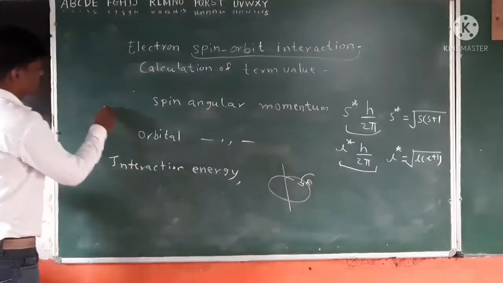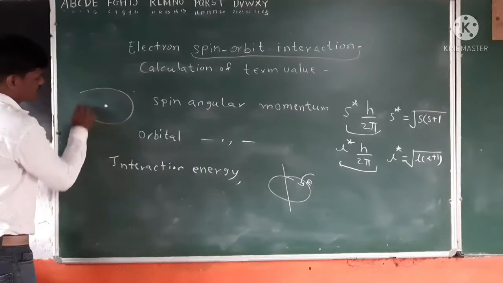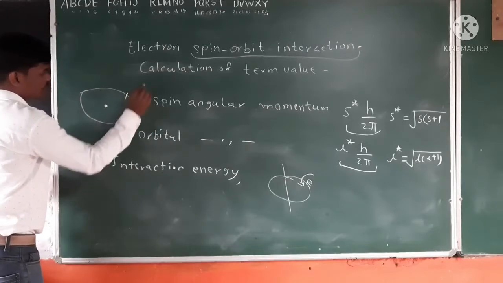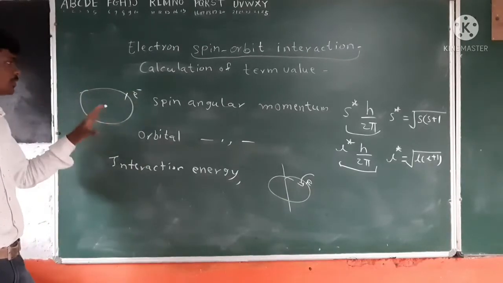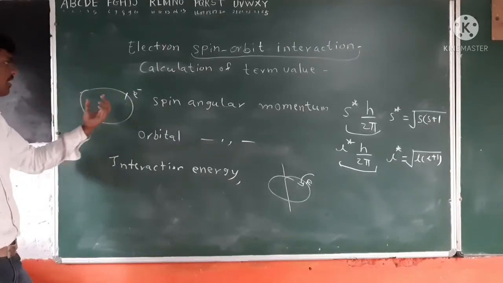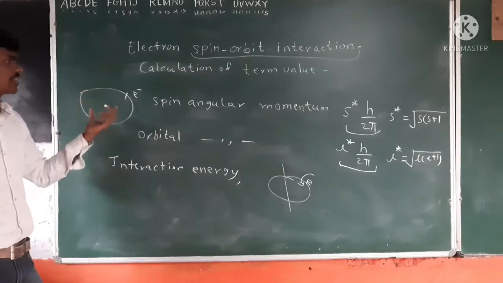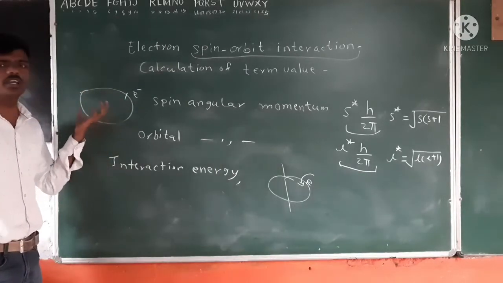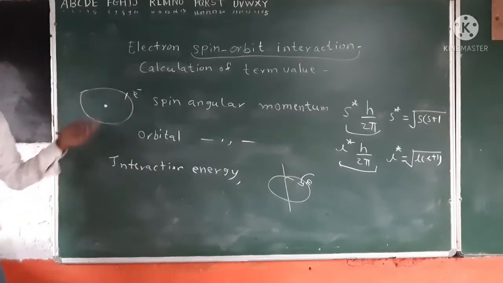We know there is a nucleus having positive charge, and the electron has negative charge. This electric field causes a magnetic field. The precession of the electron around that resultant magnetic field is the interaction energy. That interaction changes its kinetic energy, since most of the energy of this atom is kinetic energy.